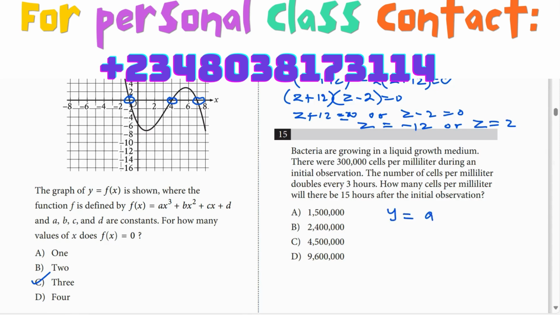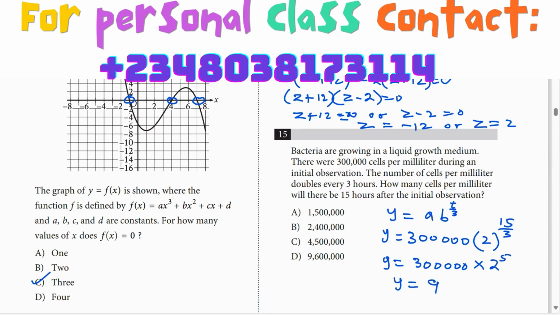This is 2 raised to T over 3, and then the initial is 300,000, which doubles. And then we are going to have 15 all over 3. So y is going to give us 300,000 times 2 raised to power 5. So it's going to give us 9,600,000, which is option D.